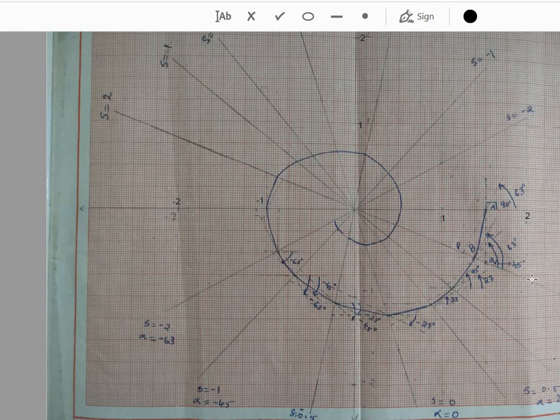At s is equal to 2, the angle is plus 63 degree. So from this point again, you have to take plus 63 degree, in this direction. Mark that angle here and extend that line to the next isoplane.